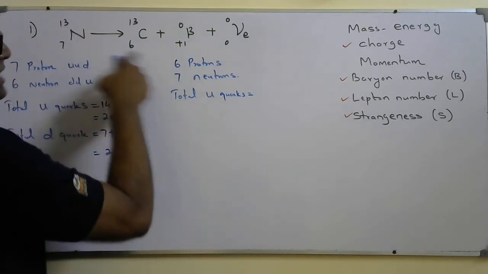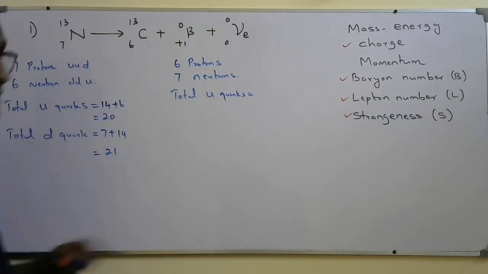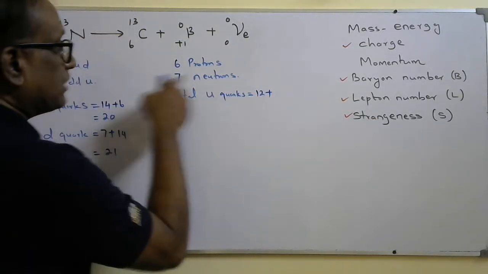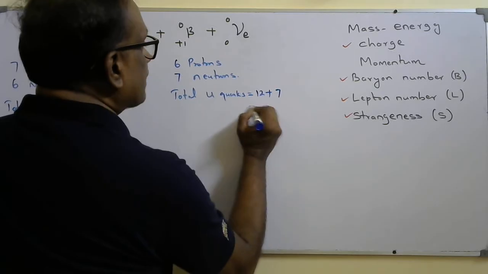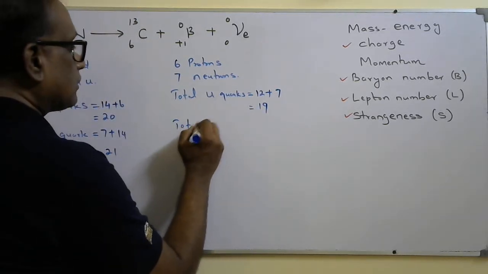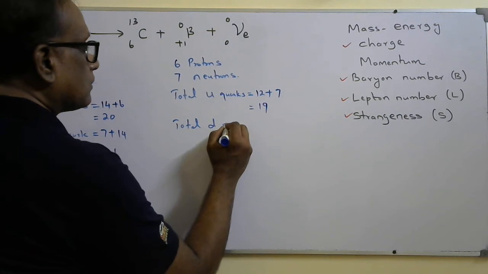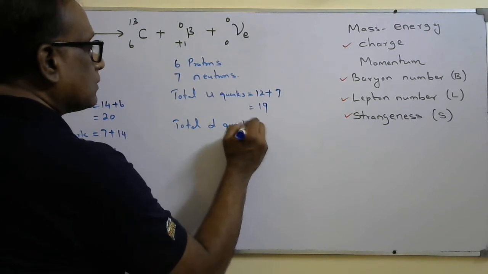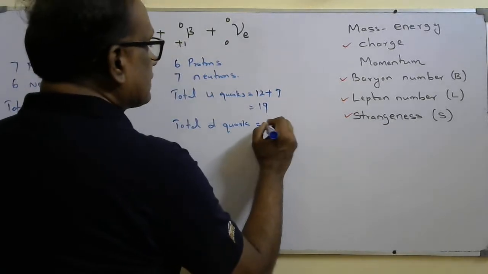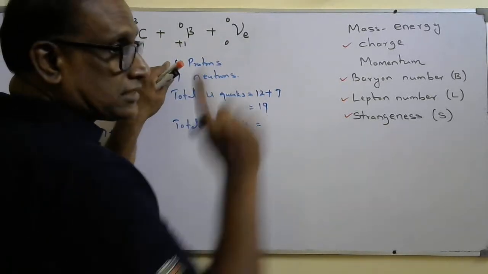So it consists of 6 protons. Each proton consists of 2 up quarks. So 12 plus 7 into 1, so 7, 19. Total down quarks, how much? It consists of 6, because each proton consists of 1 down quark.